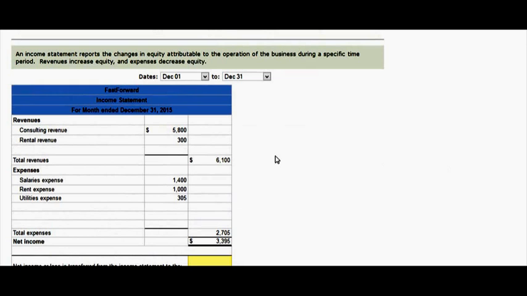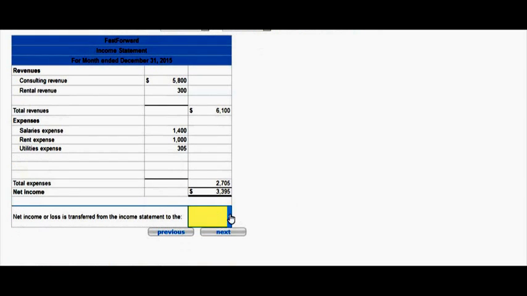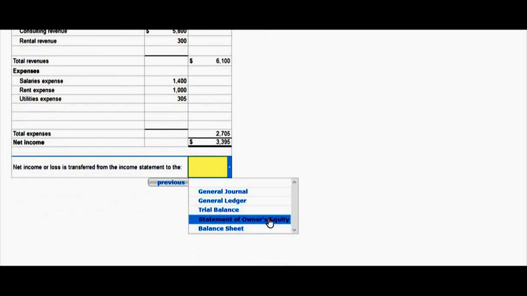Next is the income statement. We have our two revenues, we have expenses, and we have net income. And it asks you to fill this in. Net income or loss is transferred to, I have to scroll up here, it doesn't want to cooperate.